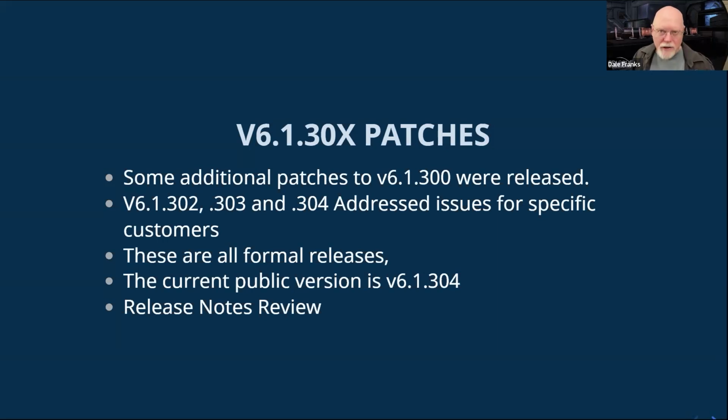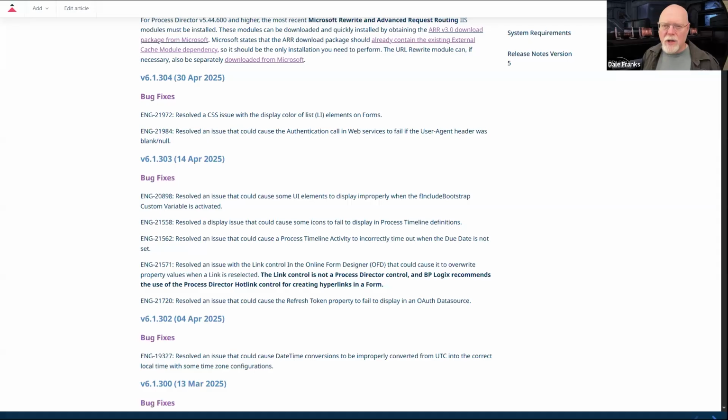They're all formal releases, so our current release is 6.1.304. So that's our last public release. So we want to just quickly go through some of the release notes and what were covered. You may find that many of these things don't apply to you because a lot of these fixes that we made were largely for edge cases.